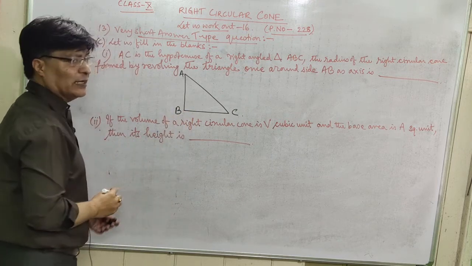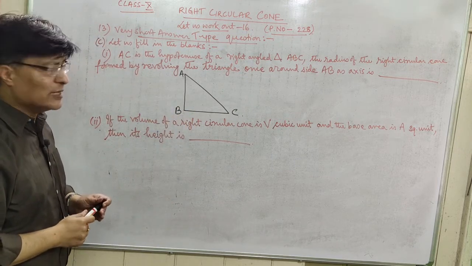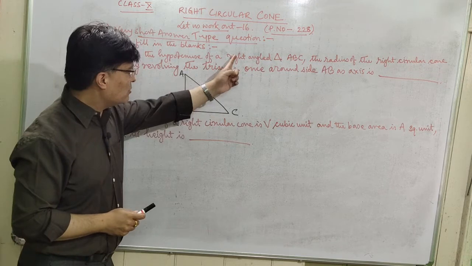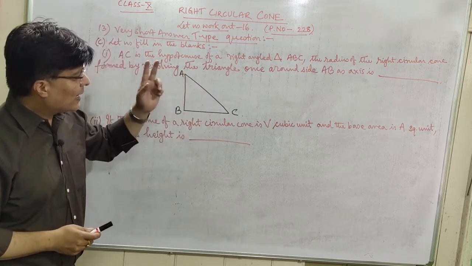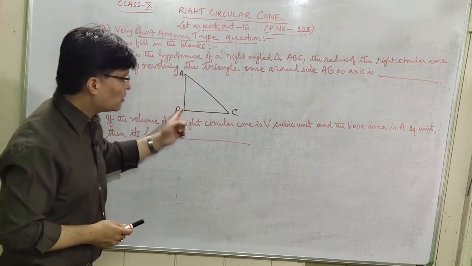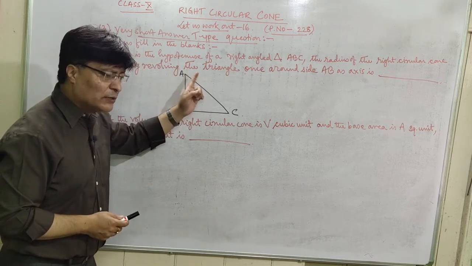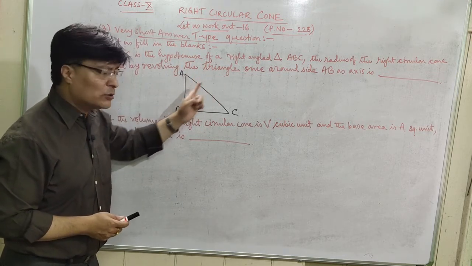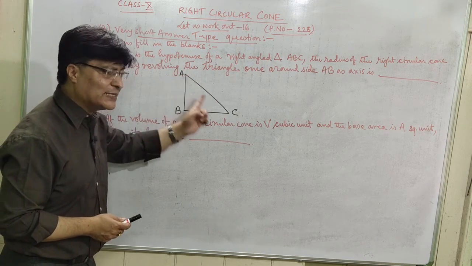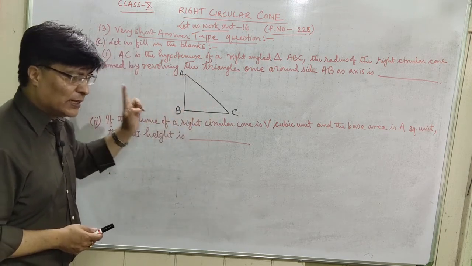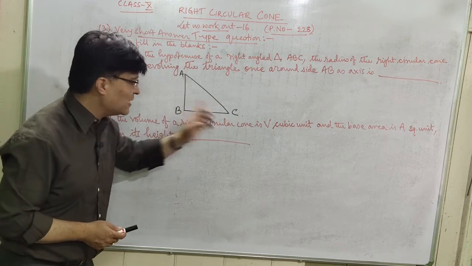AB is the axis here. So which is the radius in this case? Here AC is the hypotenuse of the right angle triangle ABC, and the radius of the right circular cone that is formed by revolving the triangle once around the side AB as axis is what? The radius of the base of the cone will be BC.